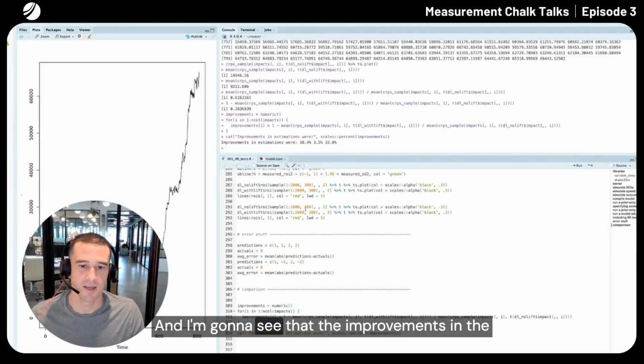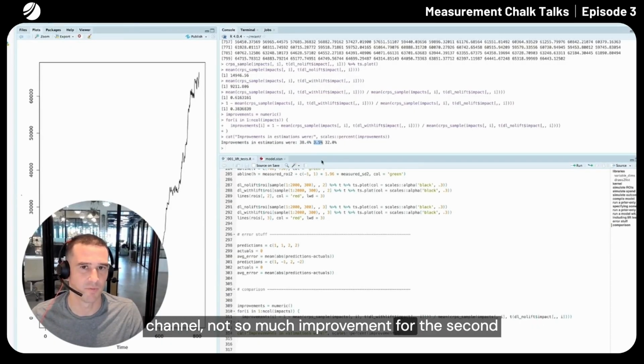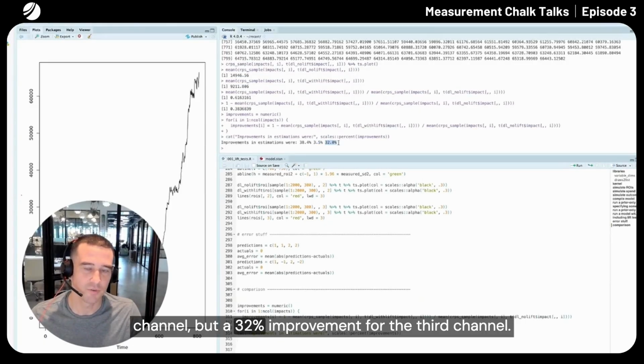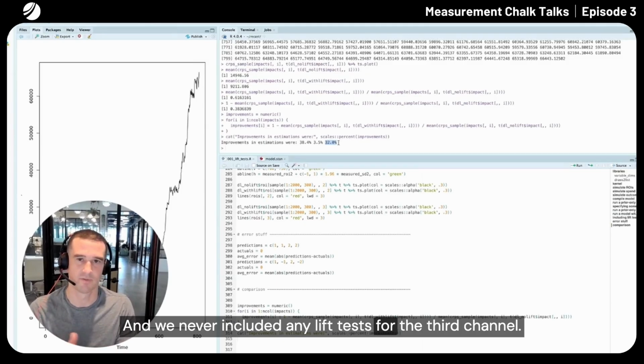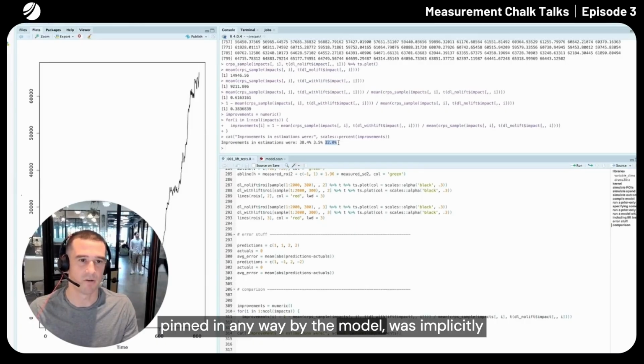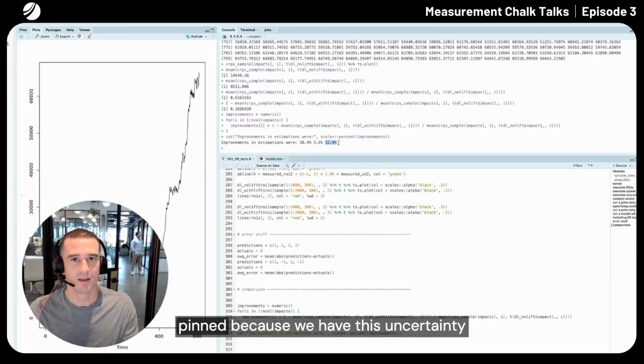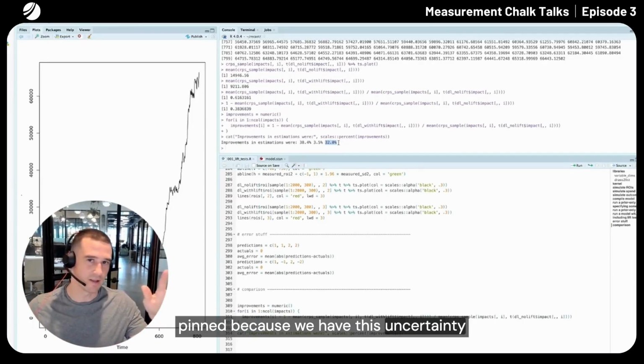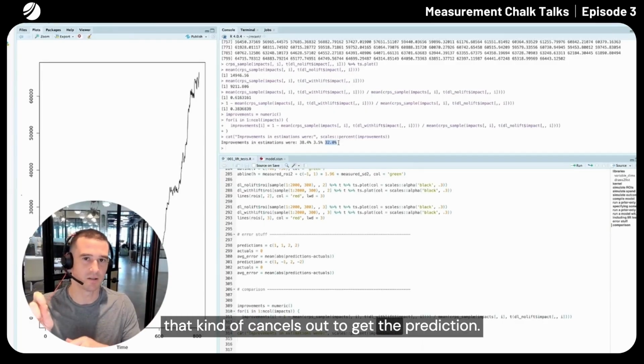And I'm going to see that the improvements in the estimations were about, like I said, 38.4 for the first channel, not so much improvement for the second channel, but a 32% improvement for the third channel. And we never included any lift tests for the third channel. So the third channel, even though it wasn't pinned in any way by the model, was implicitly pinned because we have this uncertainty that kind of cancels out to get the prediction.